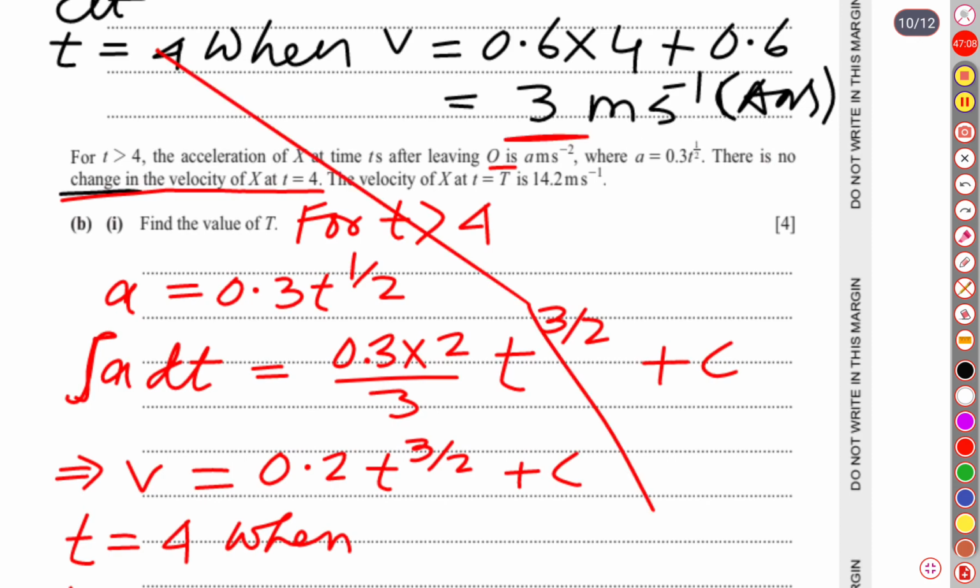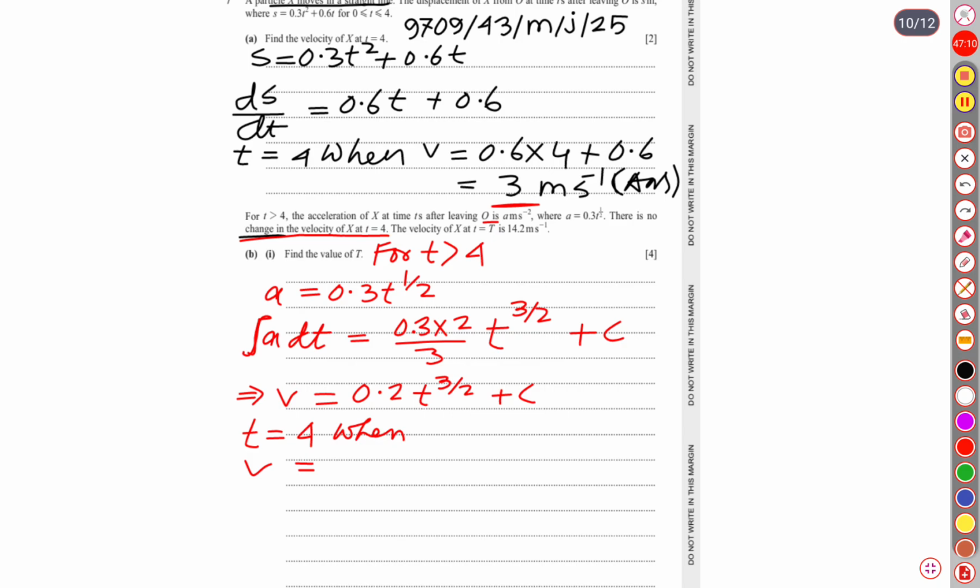So let us substitute the values. V is equal to 3, so 0.2 into t, which is 4, raised to 3 over 2, plus c equal to 3.